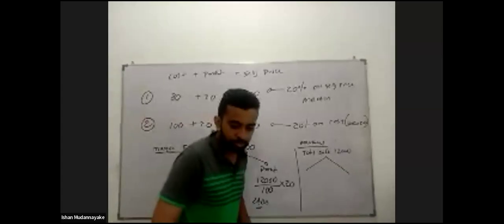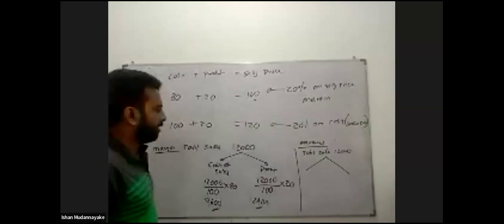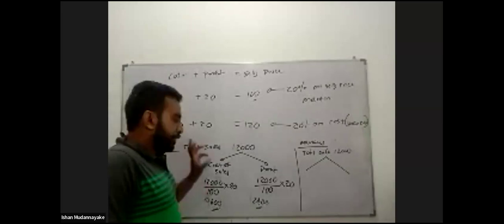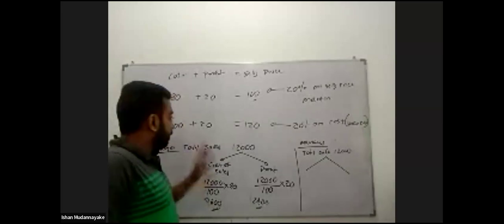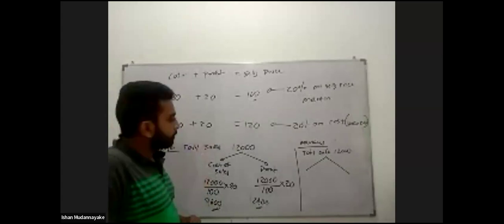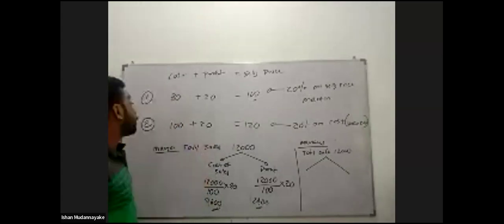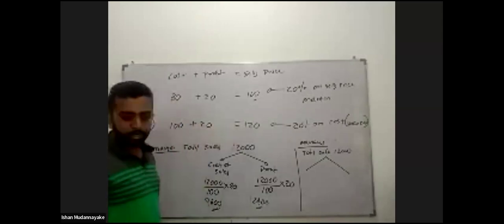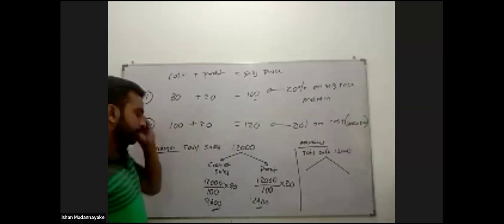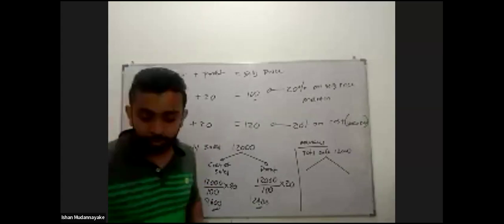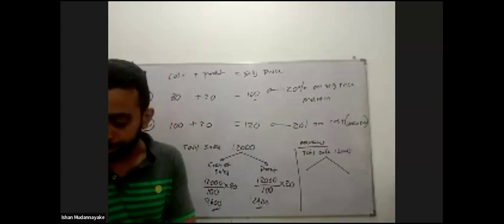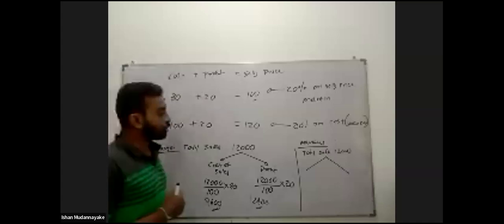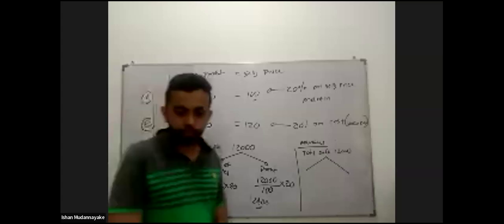Right, markup. The pricing policy of the business organization is to add 20% on cost. Then cost 100, profit 20, selling price 120. Then the examiner asks you to calculate cost of sales and gross profit.